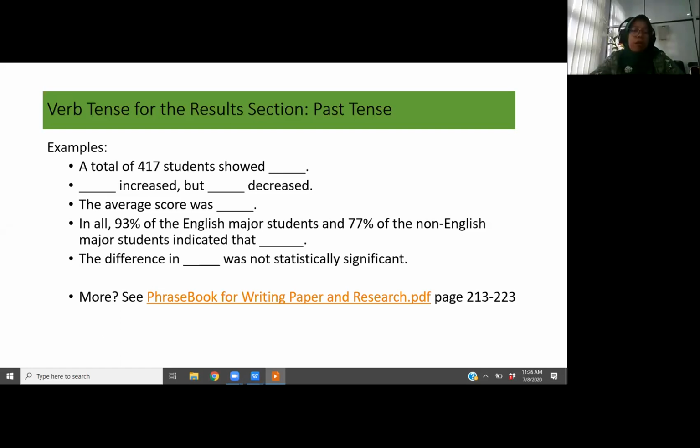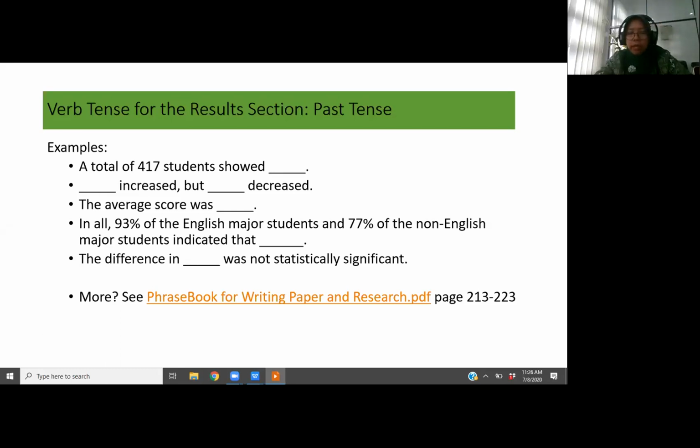So these verb tenses, the words and phrases you use, will show how good you are at writing when you use several phrases or terms that are usually used in an academic context like this.